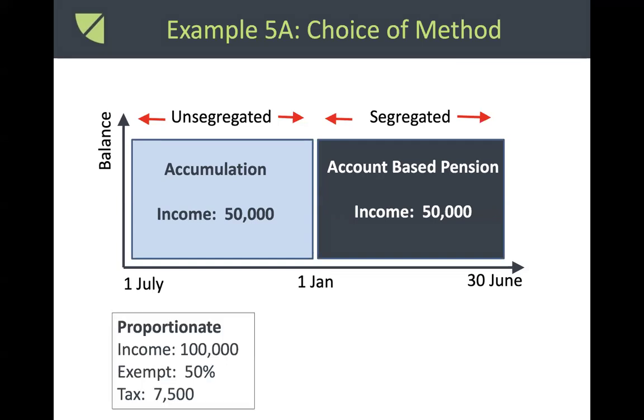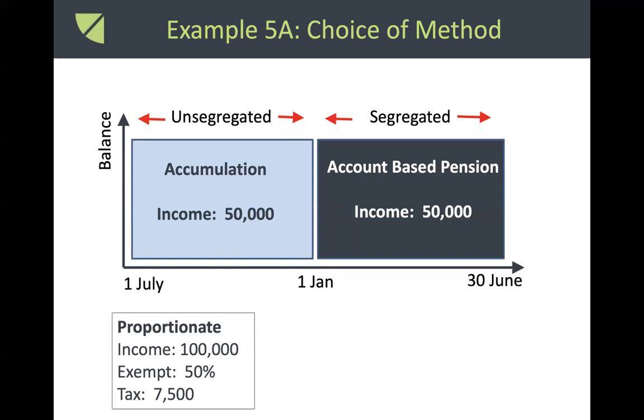So let's look at the calculations if we use the proportionate method for the entire year. The calculation goes like this. There's $100,000 of income across the year.